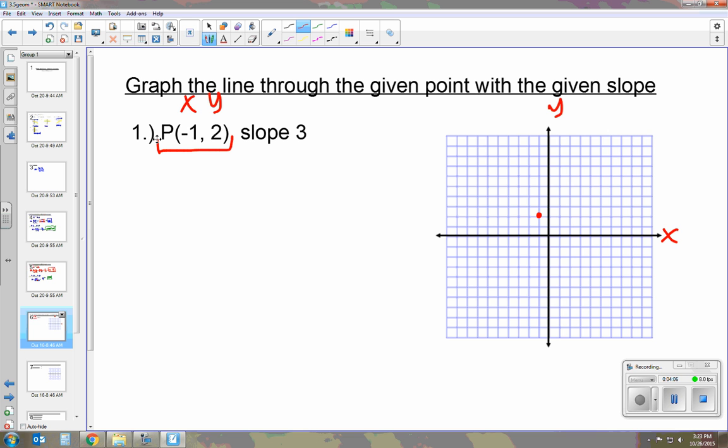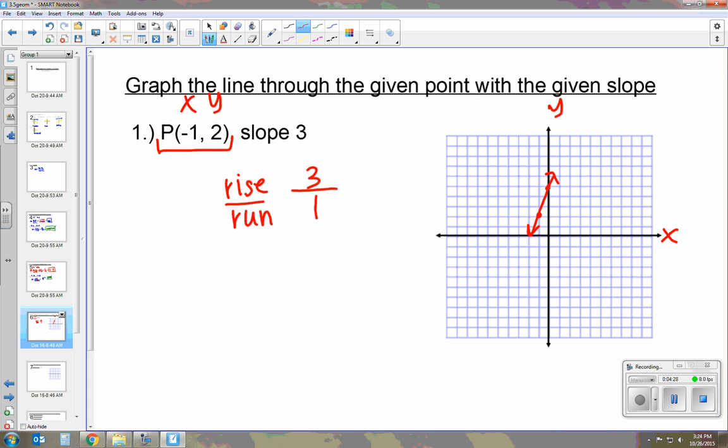Now the slope is rise over run, and it helps if I put this into a fraction as 3 over 1. So from that point that I plotted, I'm going to rise 3 and run 1, and then I connect my points. And that is my line.